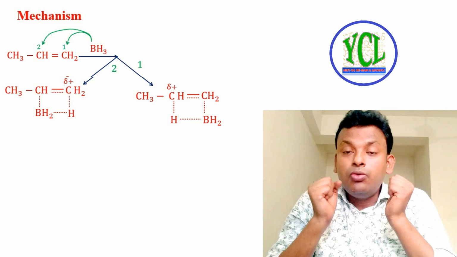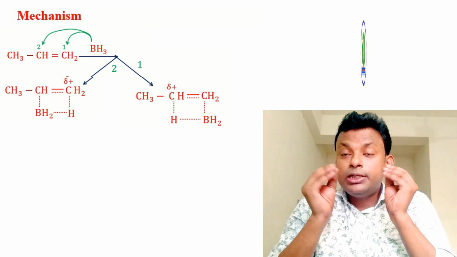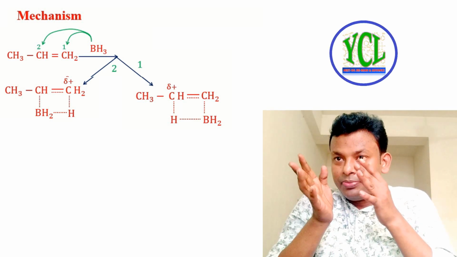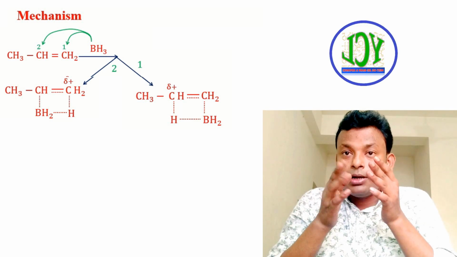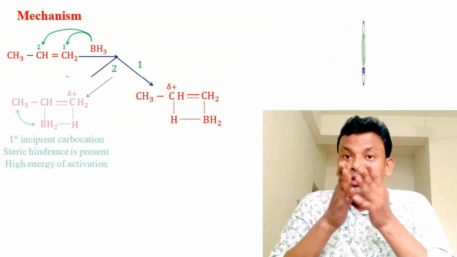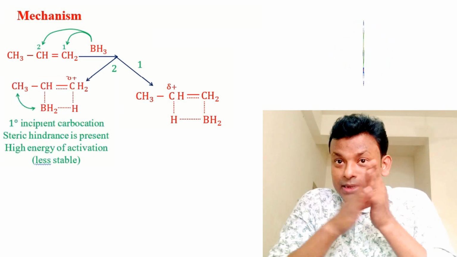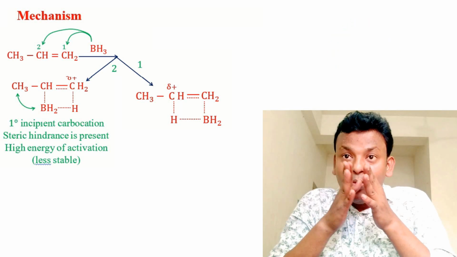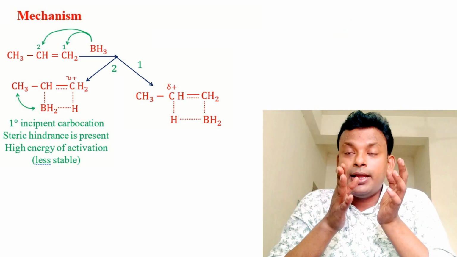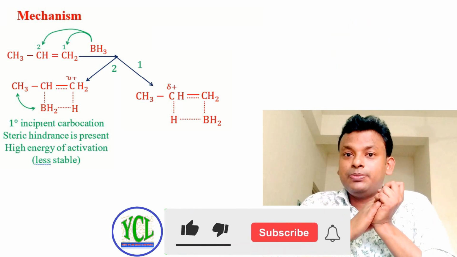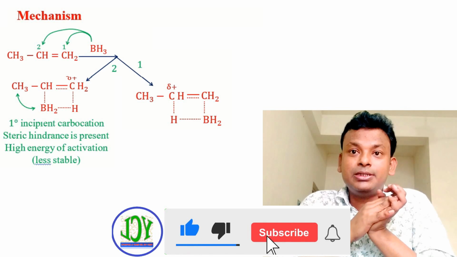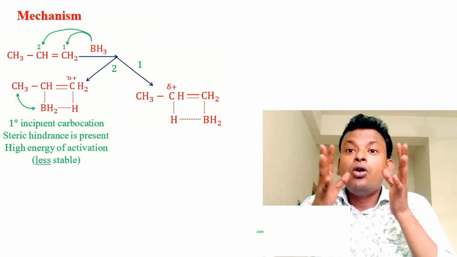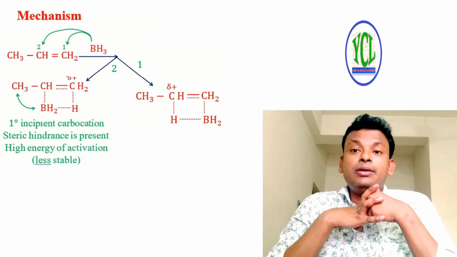We will now see which transition state is more stable and forms the major product. In the first cyclic transition state, it is a 1 degree incipient carbocation. Here a delta positive charge is possible, that is, a partially positive charge, and steric hindrance is also present. So here is a high energy of activation.